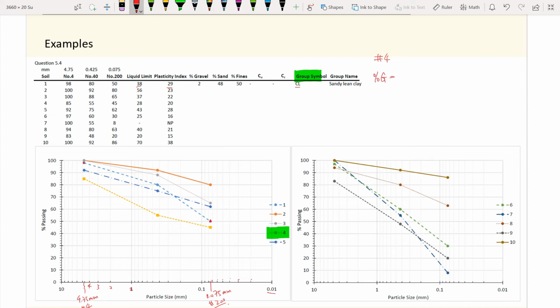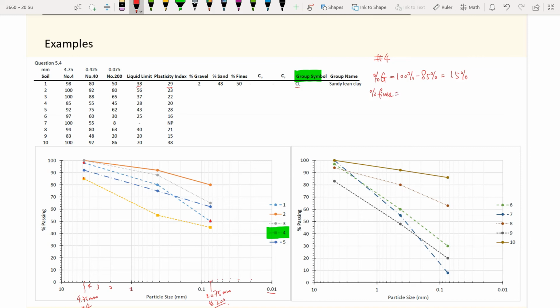Percent gravel equals 100 minus percent passing number 4. The percent passing sieve number 4 is about 85%. So this equals 100 minus 85%, which gives me 15% for percent gravel. Next, I look at percent fines.